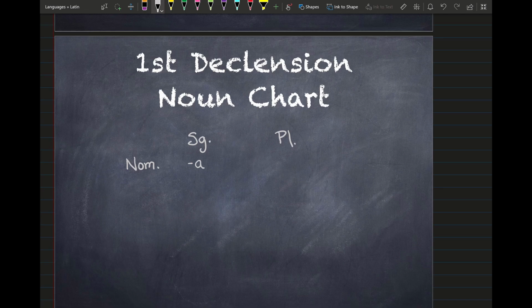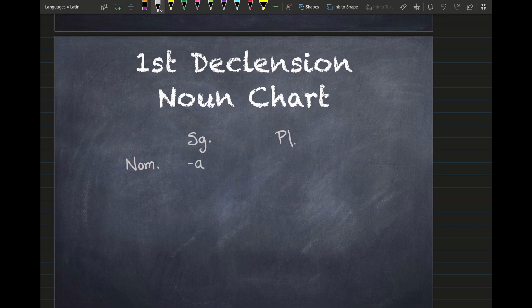I'm not going to go over the rest of the chart because the way Lingua Latina introduces it is very gradual. But right now you need to know that a first declension noun, if it's a subject and it's singular, it will simply end in an A. Okay, that's all it will end with. However, we do need to discuss another case, the ablative case that we did discuss.